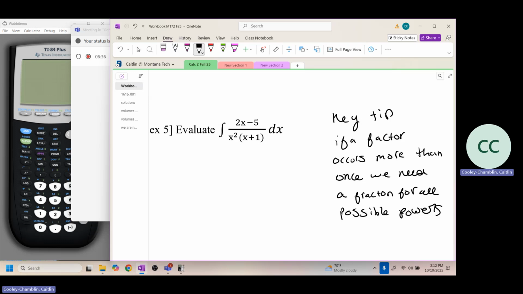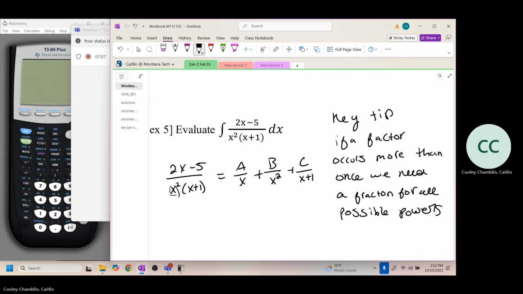Okay, that probably is too mathy. And so what I'm saying here is if I have 2x minus 5 over x squared times x plus 1, I need an x, so A over x, but then I need a B over x squared, plus C over x plus 1.